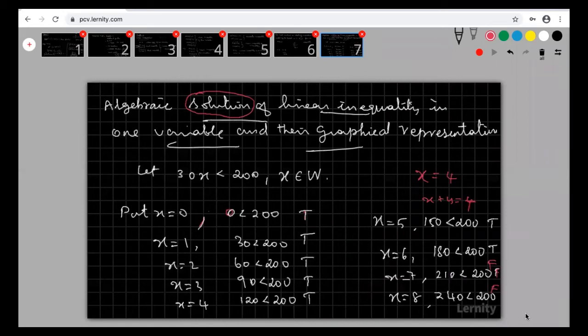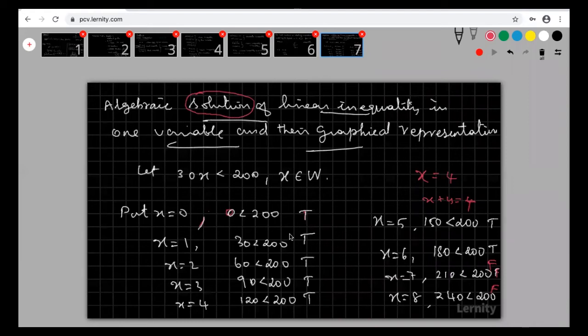Okay, so now come to the solution. What does the solution mean? What are the values of x that make this inequality true, that make this statement true? That collection of values is called the solution of the given inequality.